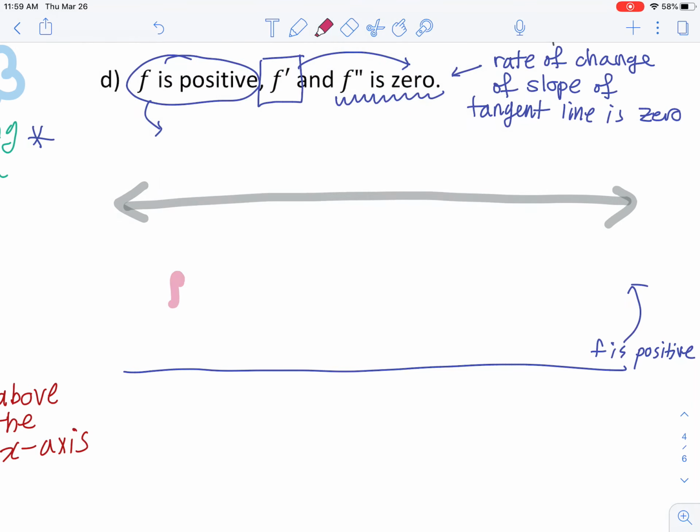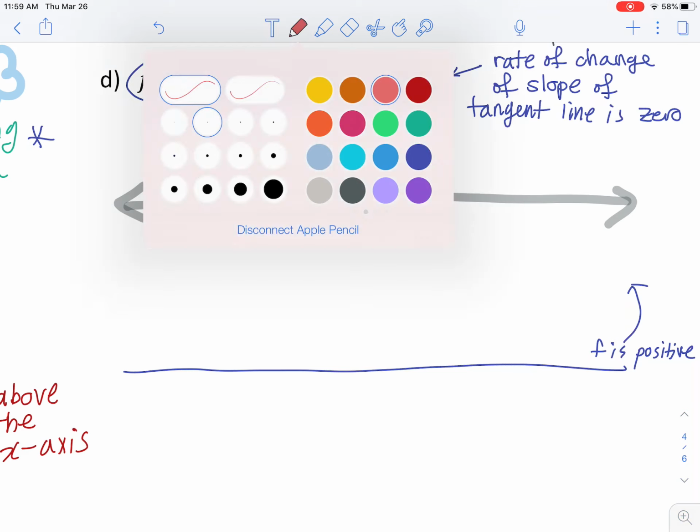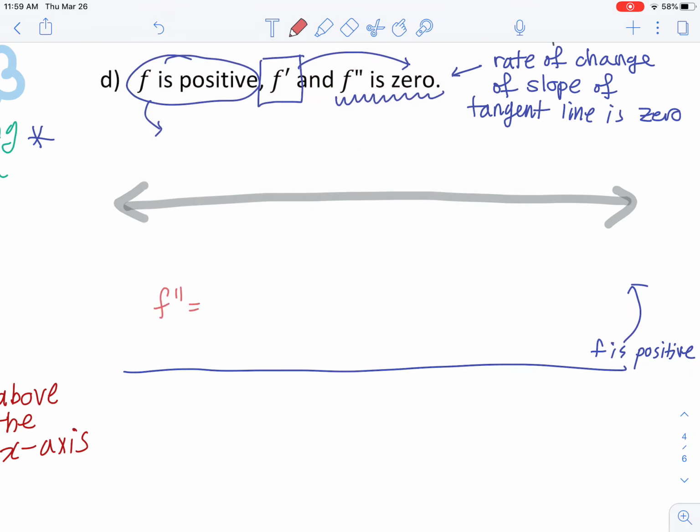Or if you want to do a little bit of algebra or make up some random functions, you may write down that f double prime is 0. That means f prime must be a constant, right? I may just make it up to be like 3. But then I'm going to have a problem, because the antiderivative of 3 will give me 3x.